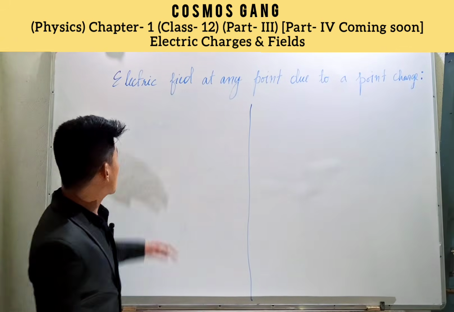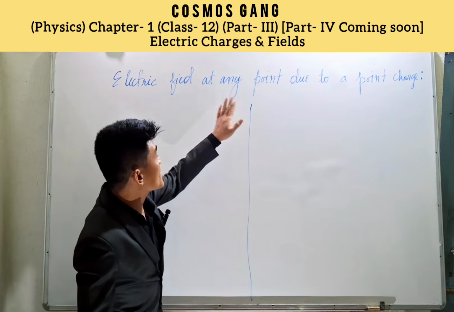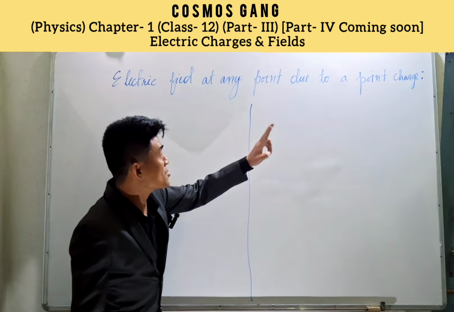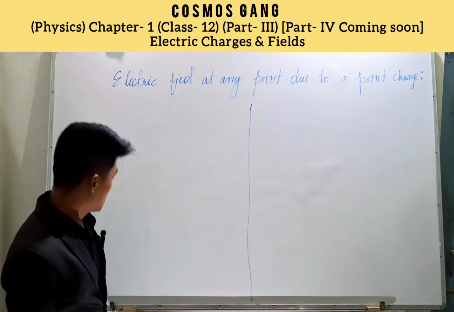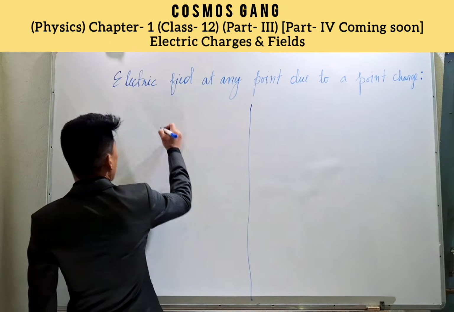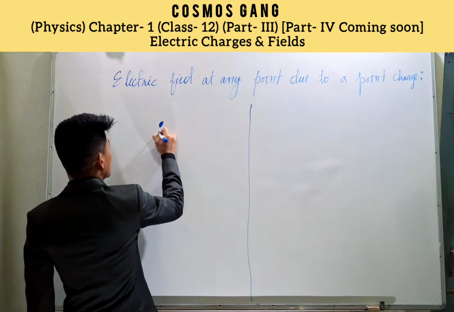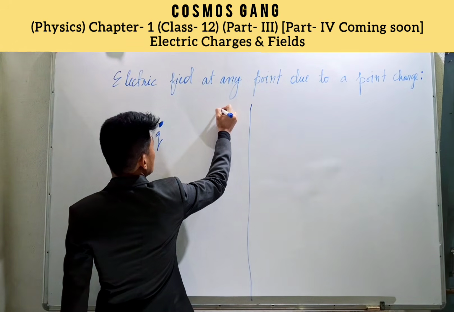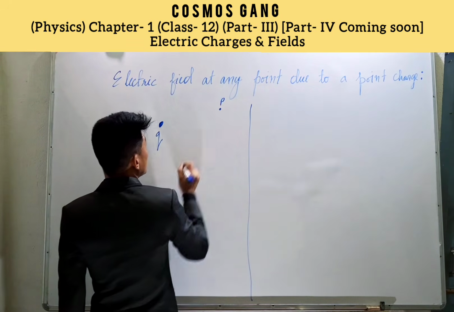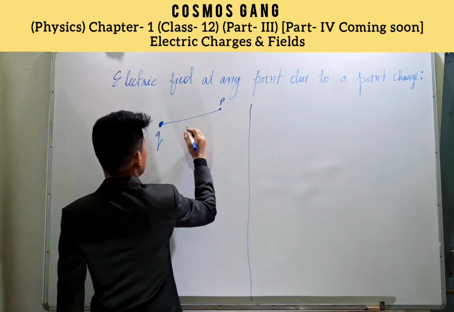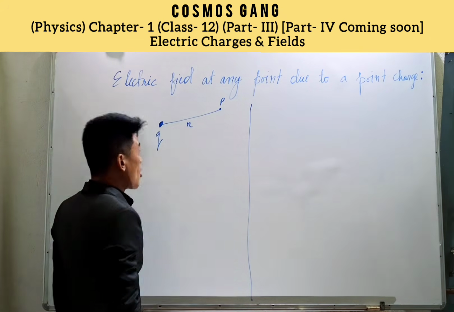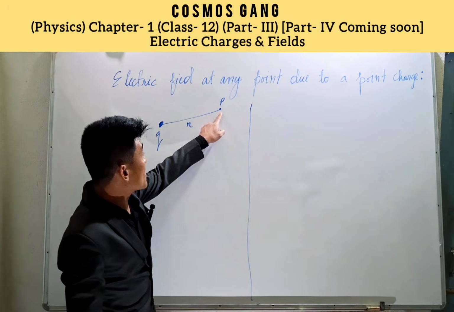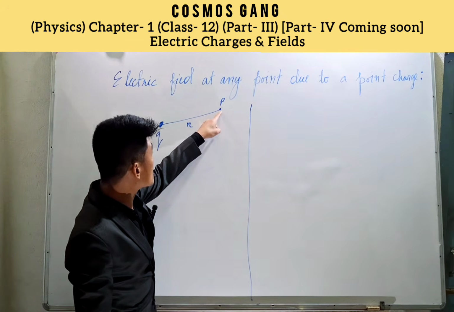Now, let's try to learn the electric field at any point due to a point charge. Consider a point charge Q. You take any point P, r distance from the charge. You want to find the electric field at this point.